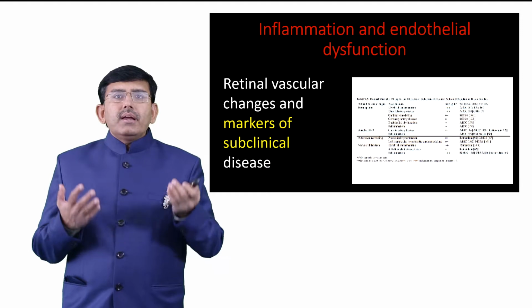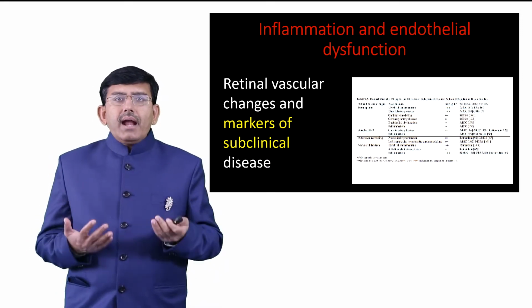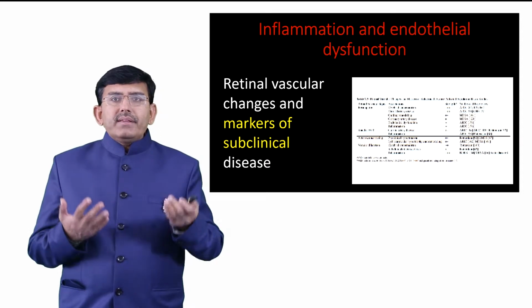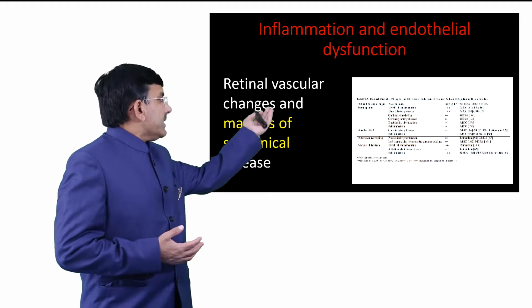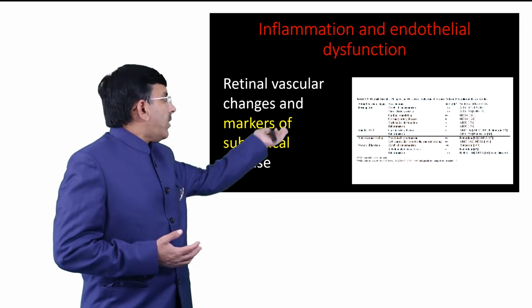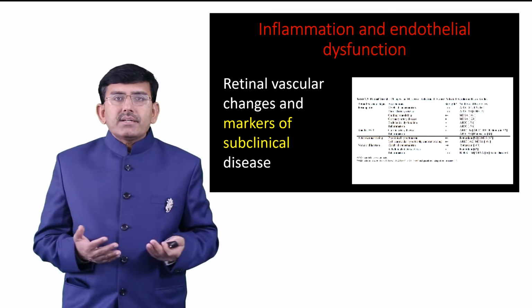In this table, it is shown that retinal vascular changes are markers of subclinical diseases which are associated with diabetic retinopathy and have been found during studies done by various researchers.